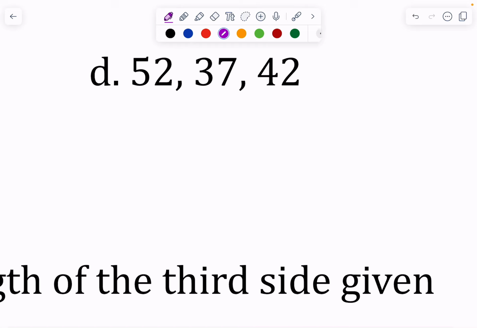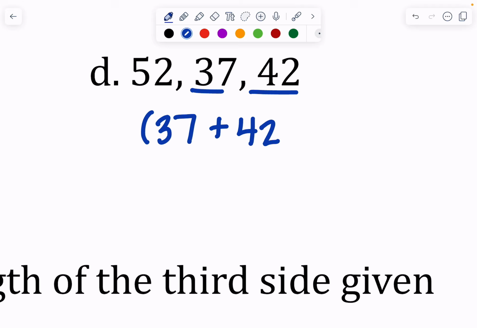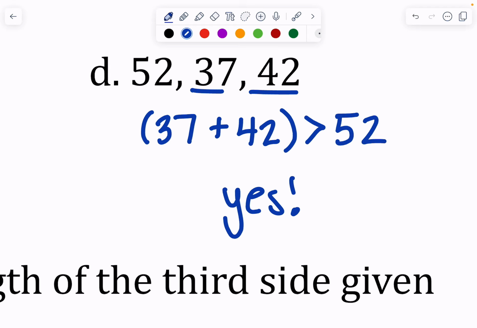Okay, what do you think about this one? 37 plus 42, is that bigger than 52? Yep, we have a triangle. Okay, we can make a triangle with those three side lengths.